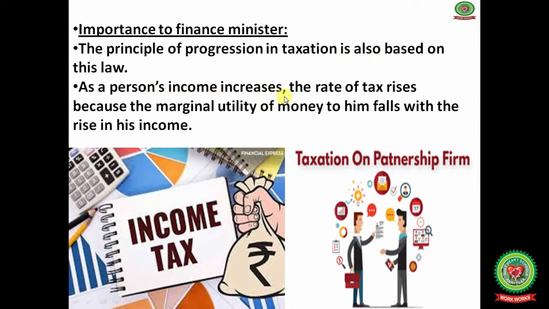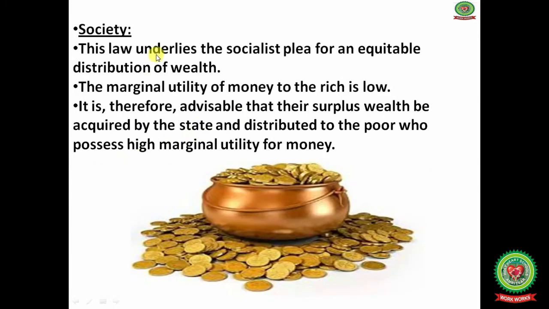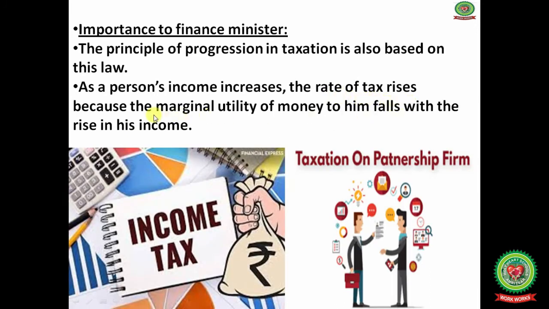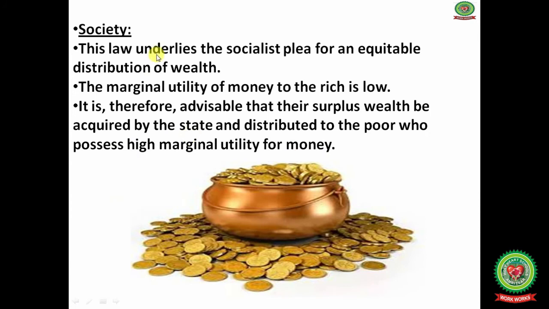Importance to the finance minister. The principle of progression in taxation is also based on this law. As a person's income increases, the rate of tax rises because the marginal utility of money to him falls with the rise in his income. Society.